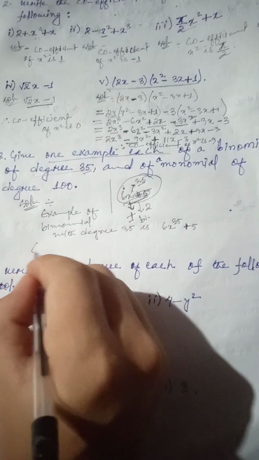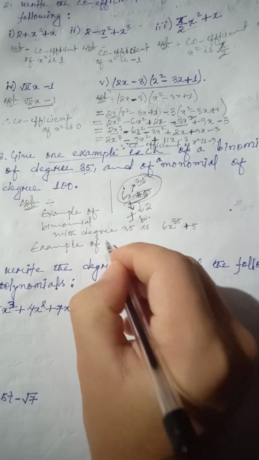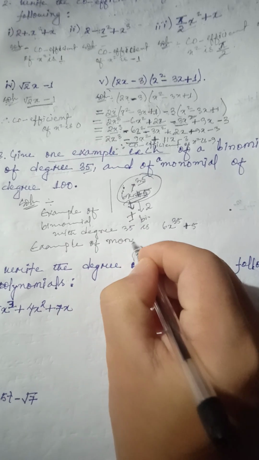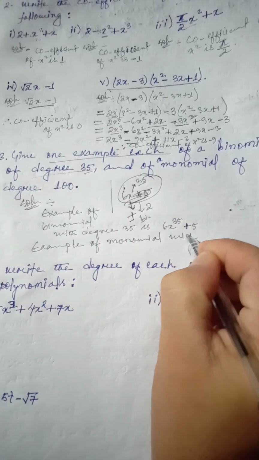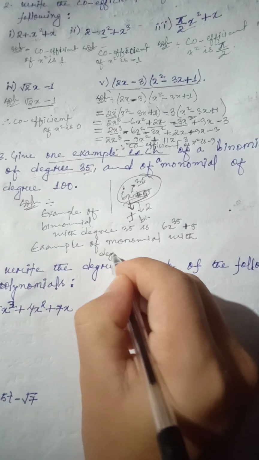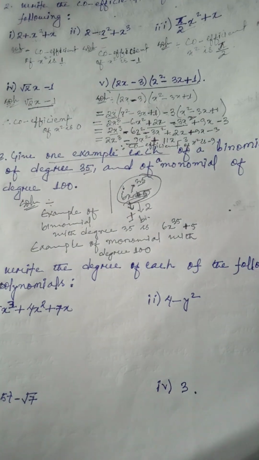Okay, and now let us write an example for a monomial with degree 100. If it talks about a monomial, that means it is only one term.